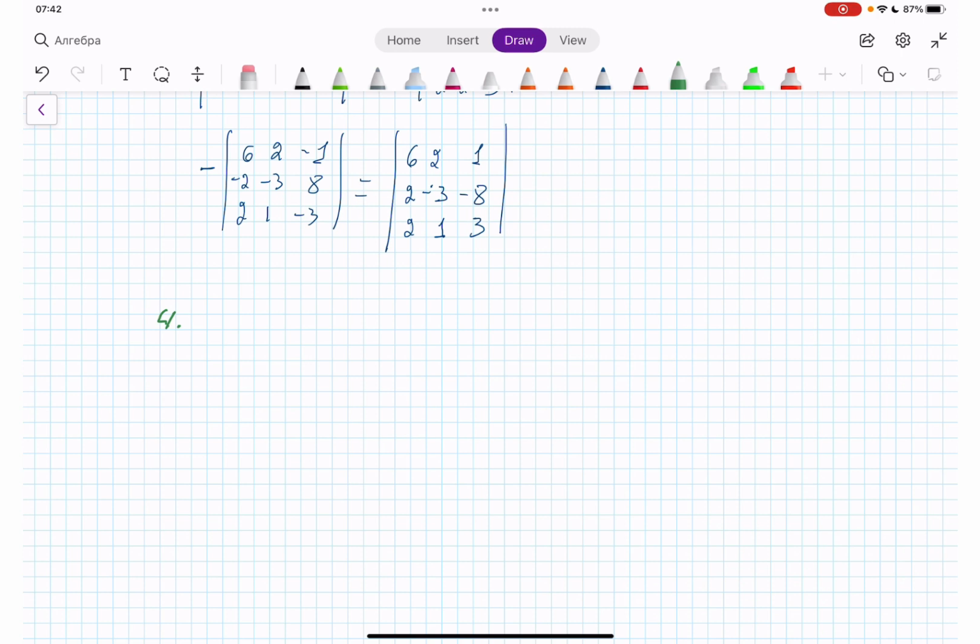Okay, let's take an example. 4, 2, negative 2, 2, 1, negative 1, 5, 7, 3.